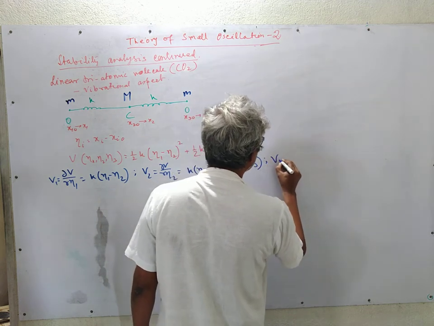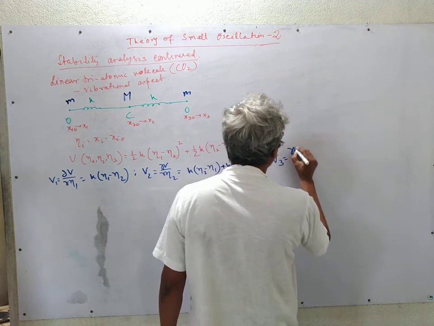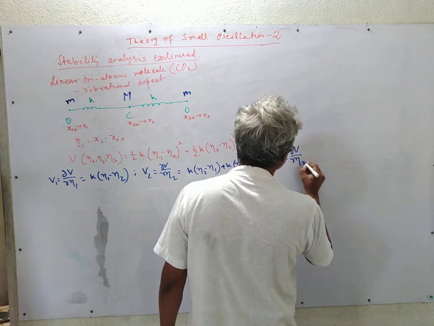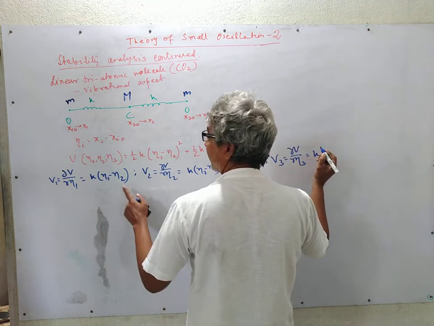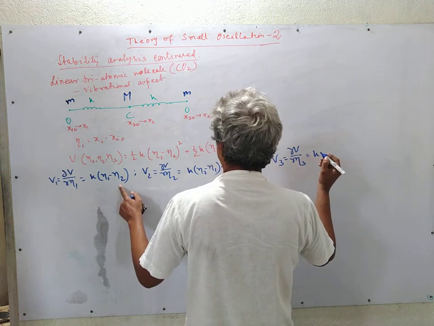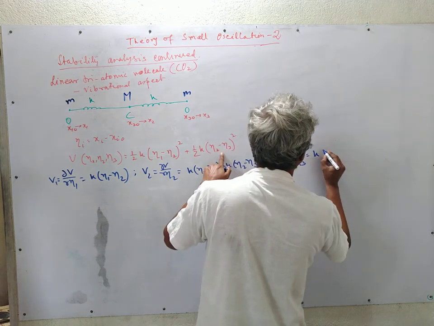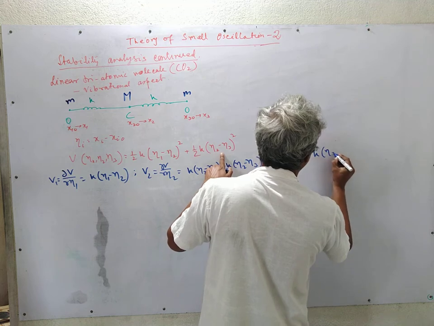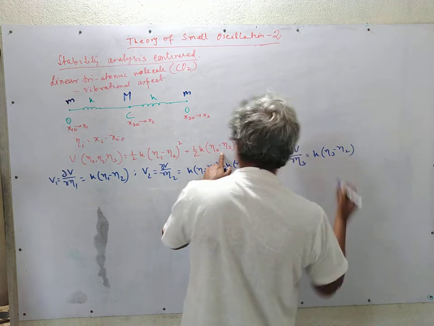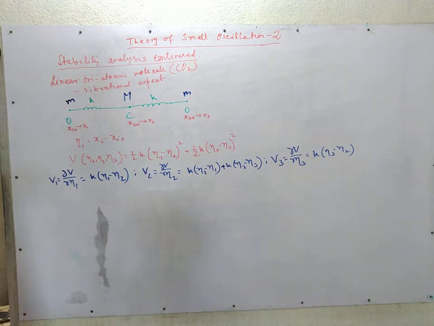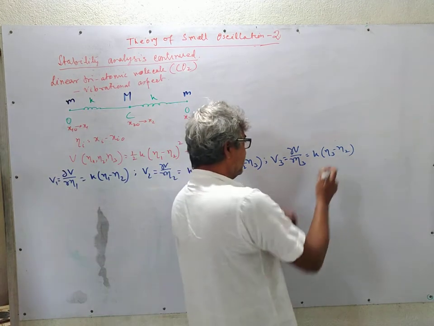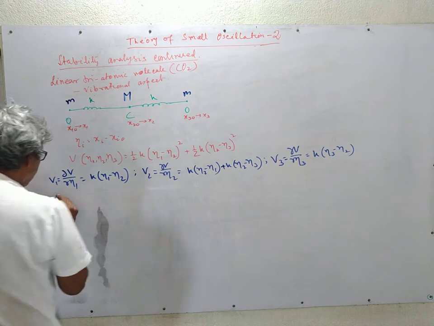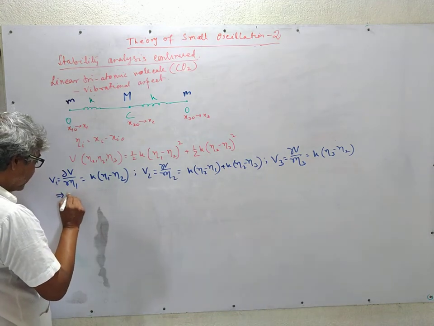And finally V3 is equal to del V del eta 3 is equal to k eta 3 minus eta 2. For the equilibrium position, all of these are 0, which gives us the equilibrium configuration.